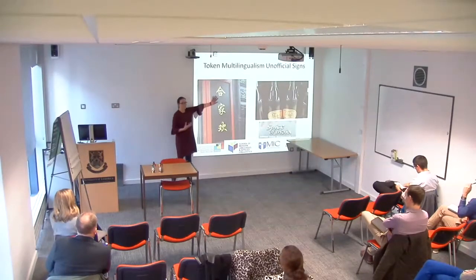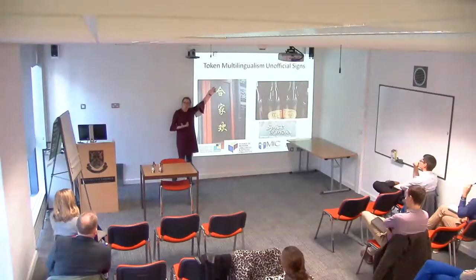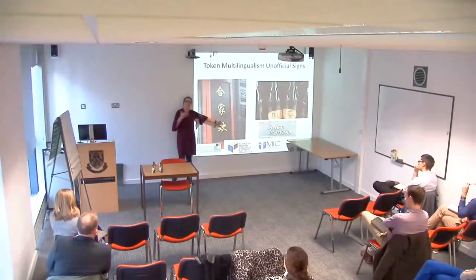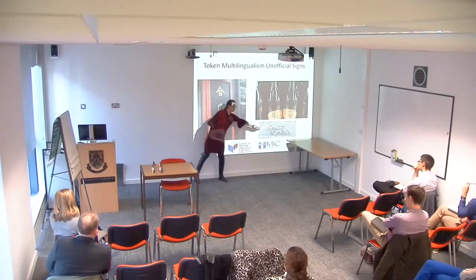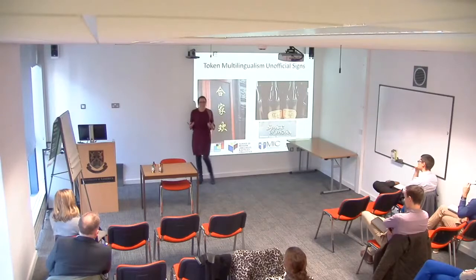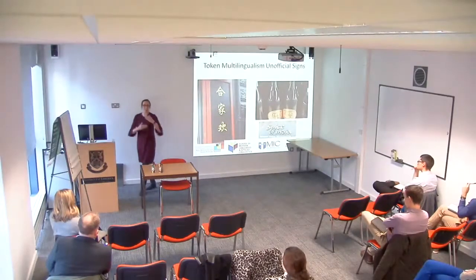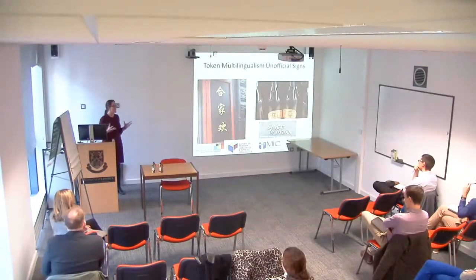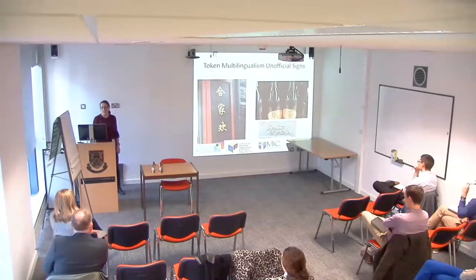And they came up with this idea of token multilingualism. So when you have a sign in Chinese, it's to make that restaurant more authentic. Or you have the use of Hindi script in English to make the restaurant more authentic. Again, these are concepts that if you try and teach in a typical didactic way, they never would have come up with these ideas themselves.